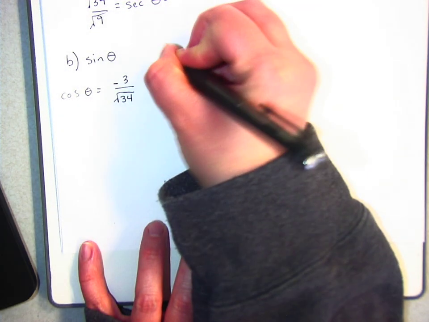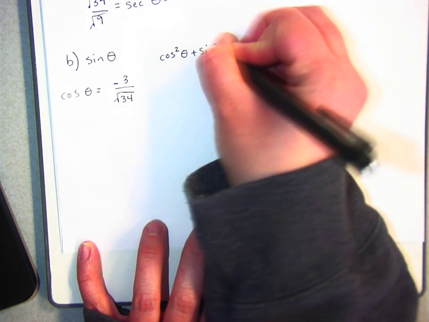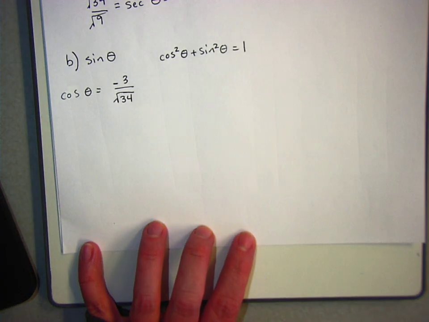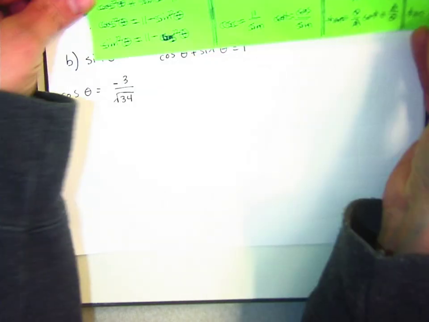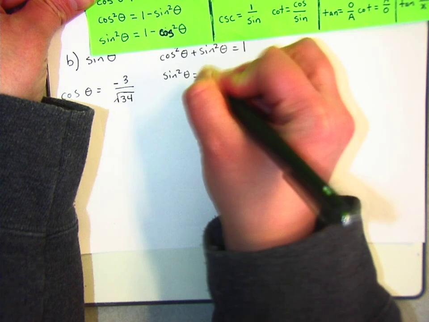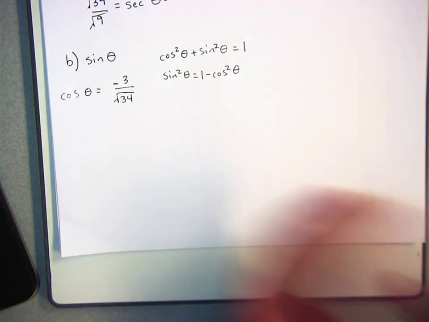And then you guys said cosine squared theta plus sine squared theta equals 1, correct? Or you could use one of the formulas that are already solved for the other one. Like this one says sine squared theta equals 1 minus cosine squared theta, which is nice because it just moves the cosine over to the other side.